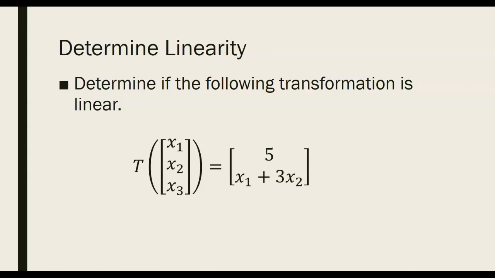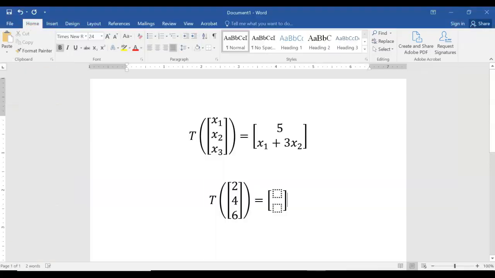Now we're going to try to see if this is linear. But before we do that, let's just take a second to think about what this transformation is actually doing. Let's plug in just a couple of arbitrary vectors. Let's plug in 2, 4, 6. So 2 is the first entry, 4 is the second, and 6 is the third entry. What are we going to get out? Well, the first entry of the output is going to be 5.